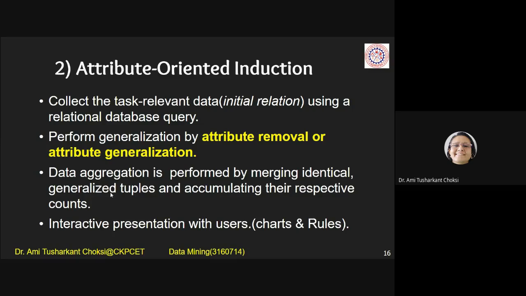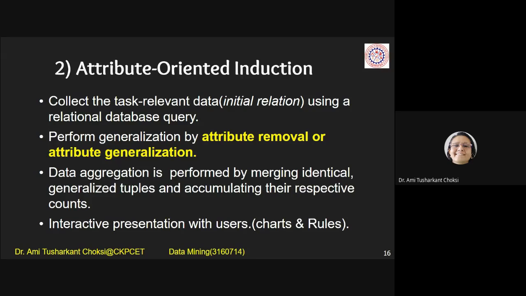Data aggregation is performed by merging identical generalized tuples and accumulating their respective counts. Fine, we know that for data aggregation, we are generalizing the tuples and accumulating their respective counts, isn't it? Then interactive presentations with the users, that is using charts and rules, fine.